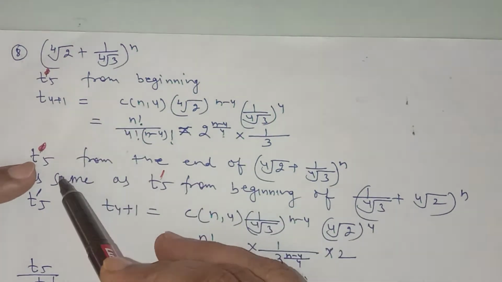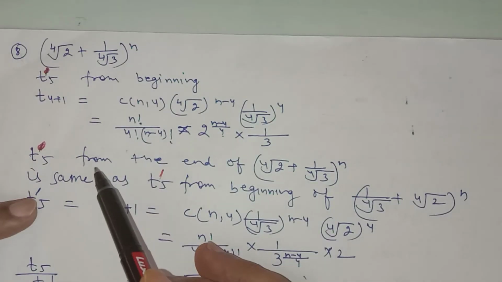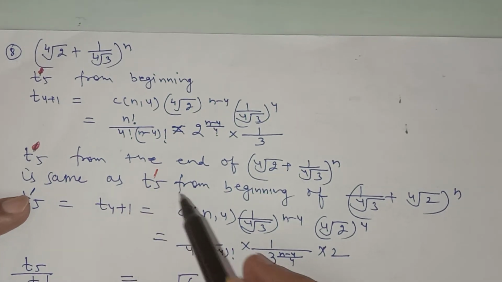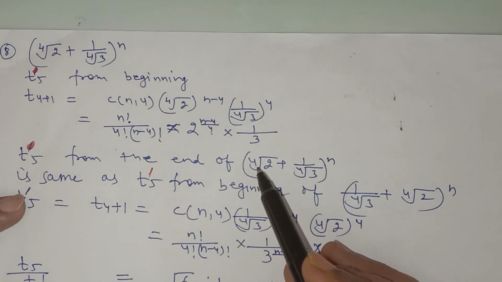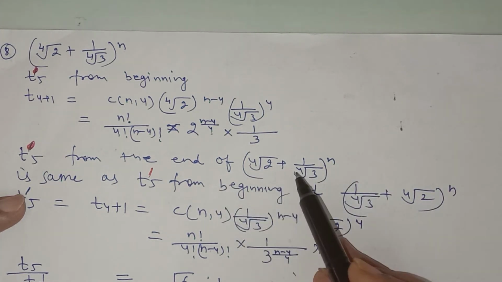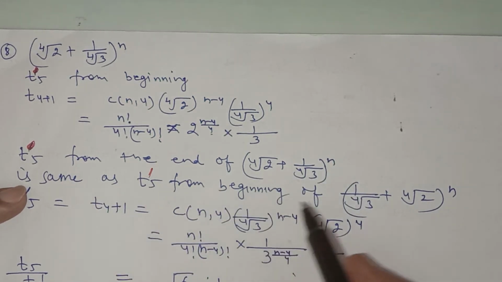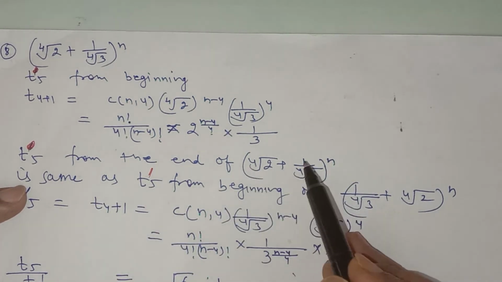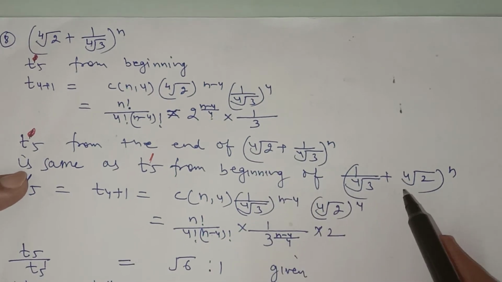Now the fifth term from the end of this expansion will be the same as the fifth term from the beginning if I interchange a and b. I put this as the first term, this as the second term. So the fifth term of this binomial expansion from the end will become the fifth term from the beginning when I interchange the first and the second term. See it very carefully.